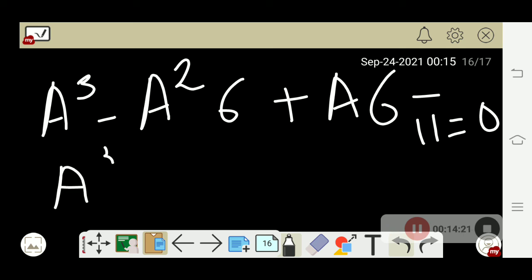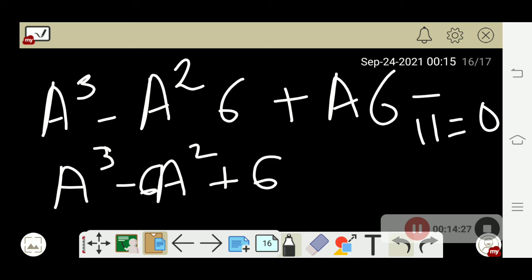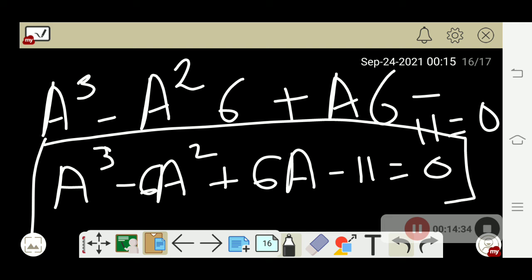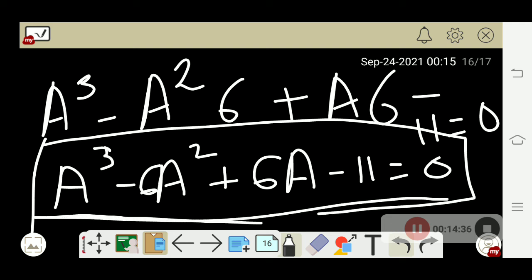So A cube minus 6A square plus 6A minus 11 equals 0. Every square matrix satisfies its own characteristic equation. By following Cayley-Hamilton theorem, we derived up to this. So from this we are going to find how you can find the inverse of the given matrix.